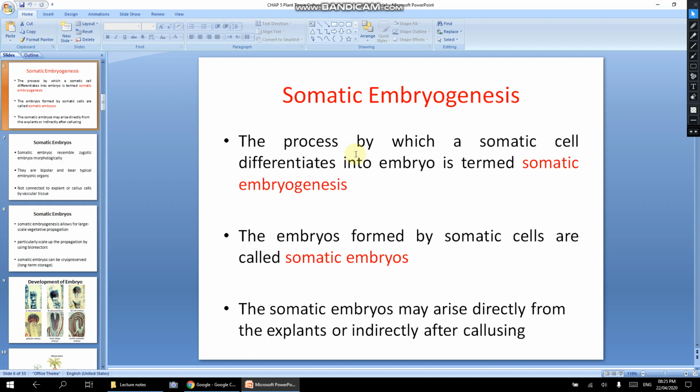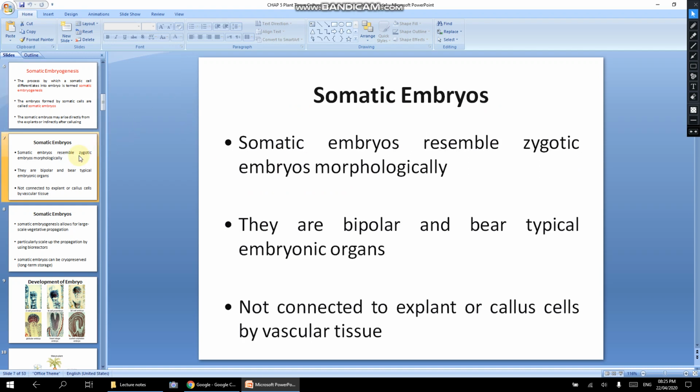So the somatic embryos may arise directly from the explants or indirectly after callusing. And somatic embryos resemble zygotic embryos morphologically. They are bipolar, meaning they have two points. One goes up and the other one goes down, and they are typical embryogenic organs. The one that goes up is the shoot, and the one that goes down is the root.